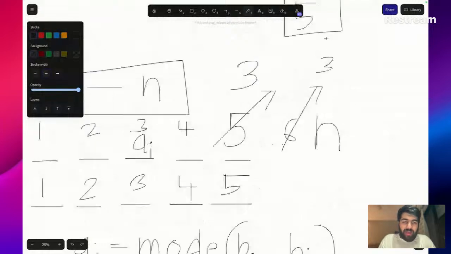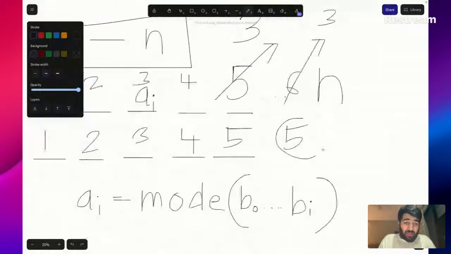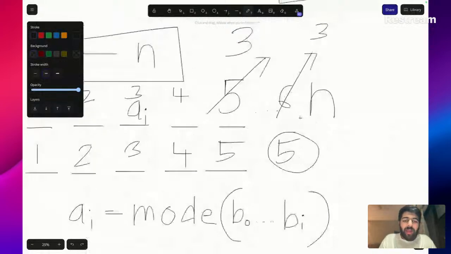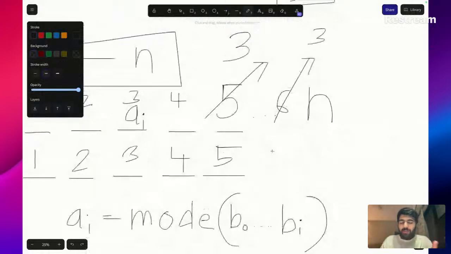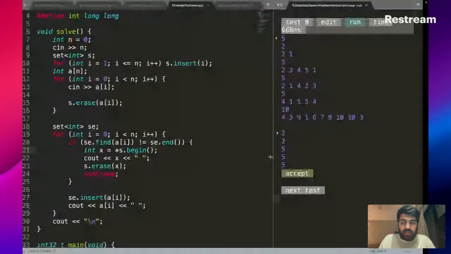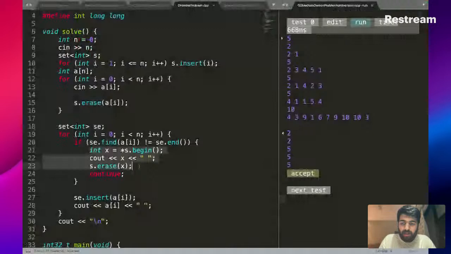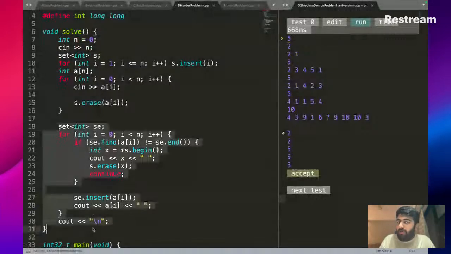Now if I put in a 5 over here again, so the mode will be 5, but everyone's frequency I'm just keeping 1, so I'll just put in a 6. That's just the thing. We remove the first element and we mark the current element as visited, and we print out the answer. That's the core of D.